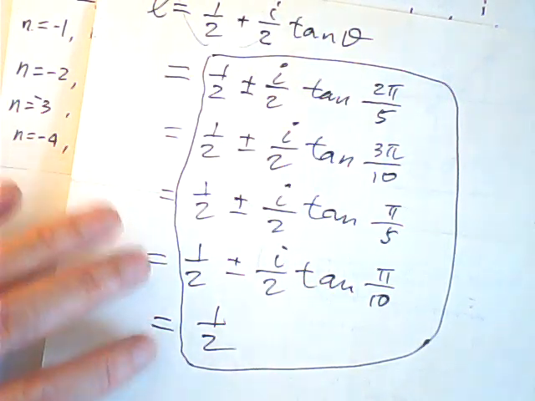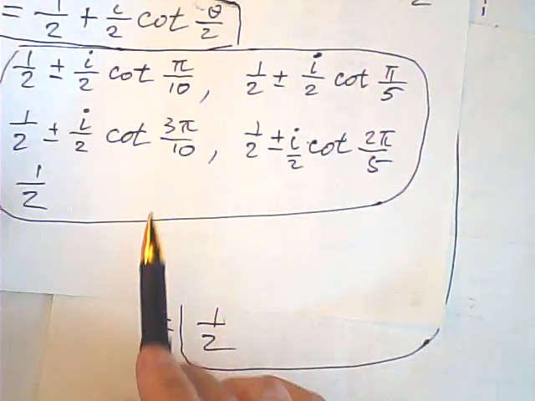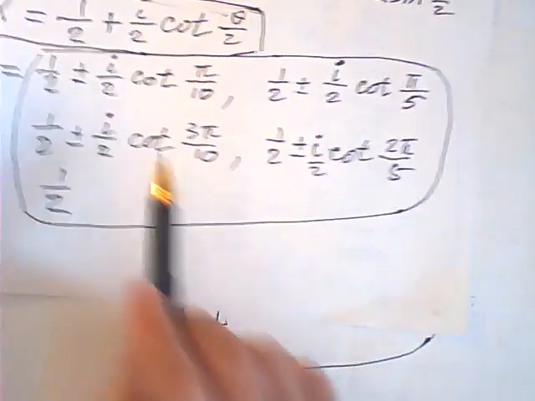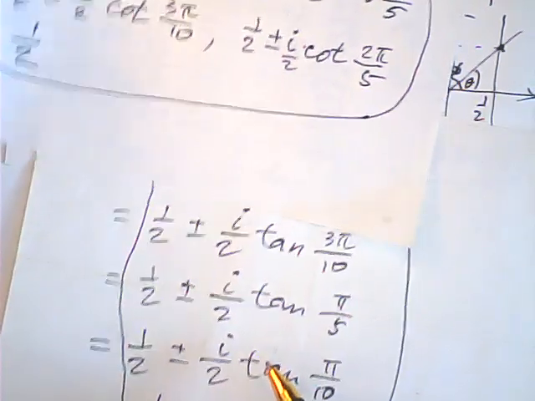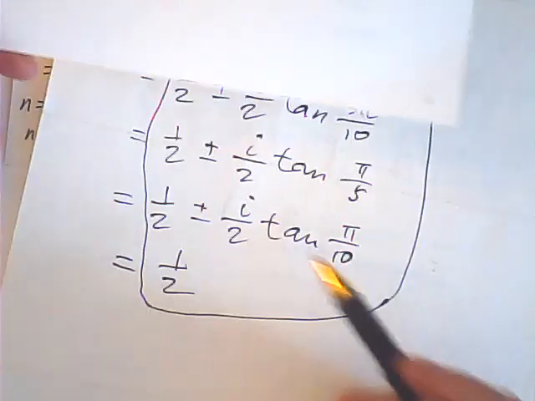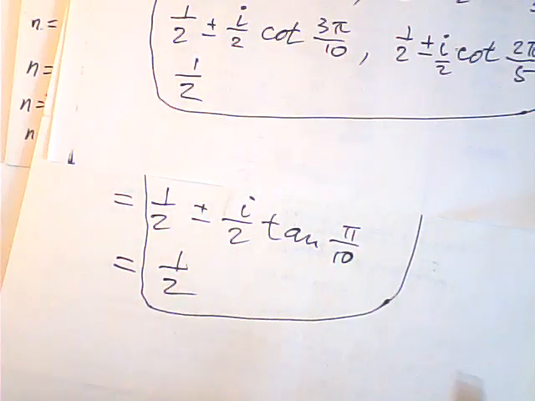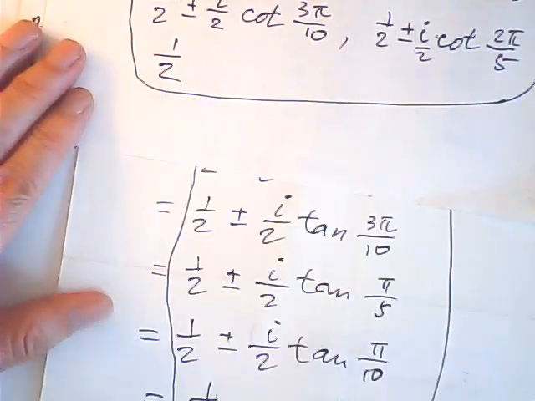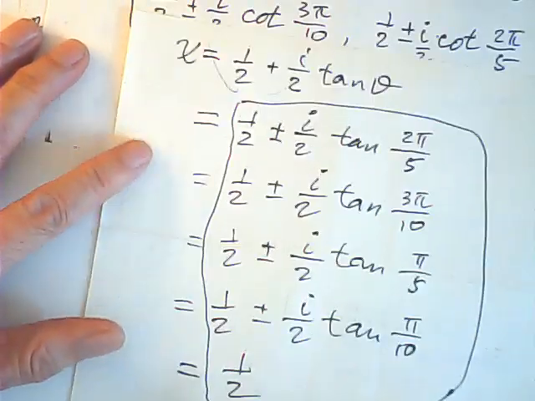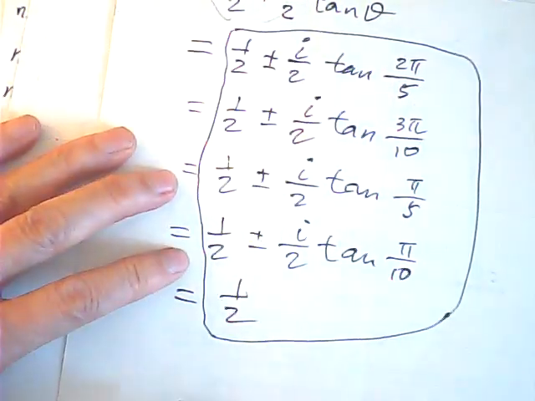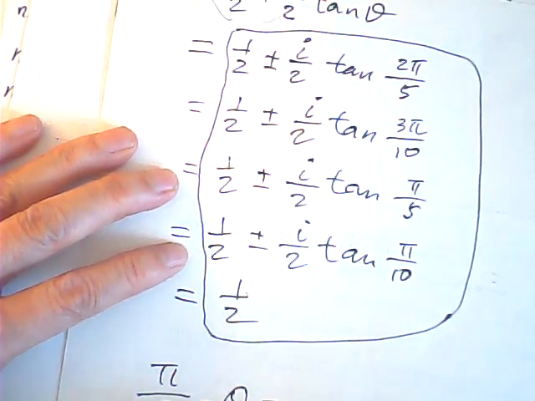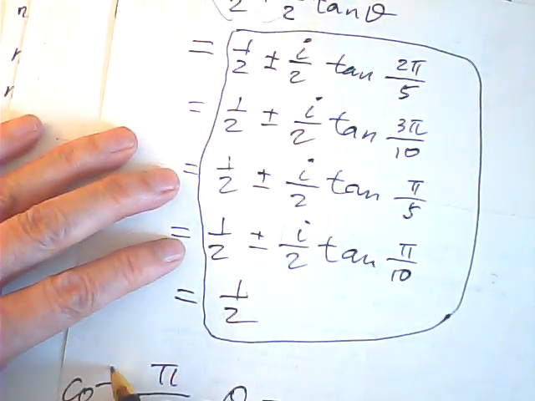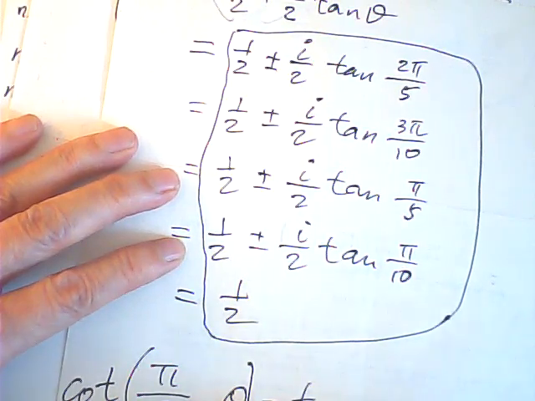Method 1 used cotangent, method 2 tangent. They are the same, because cotangent of theta is equal to tangent of half pi minus theta, right?